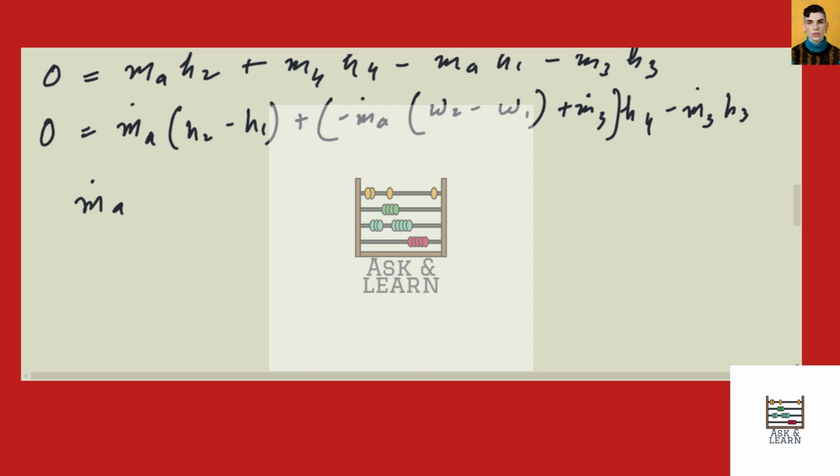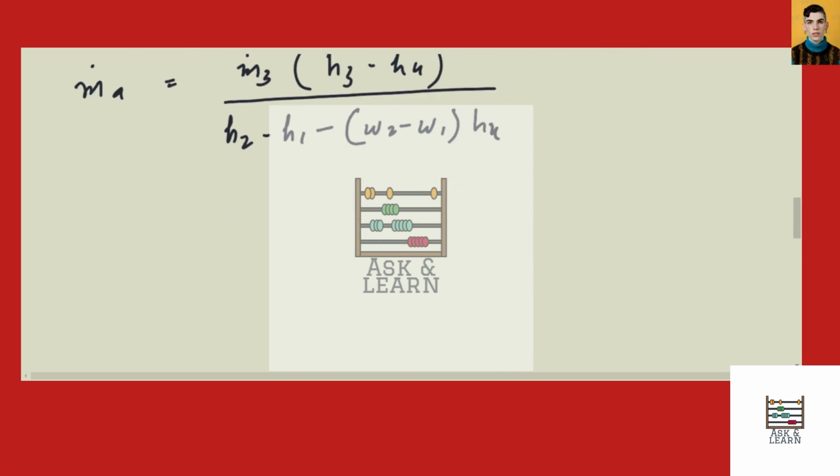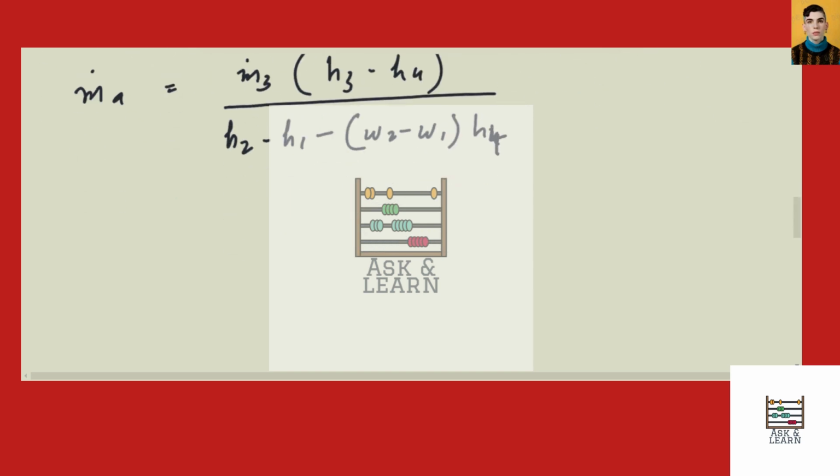So Ma is equal to M3 into H3 minus H4 divided by H2 minus H1 minus W2 minus W1 into H4. So guys, now we put the values over here.